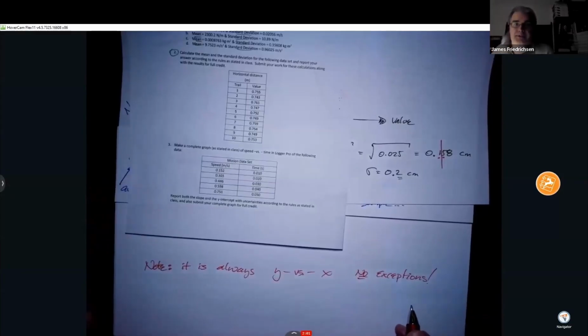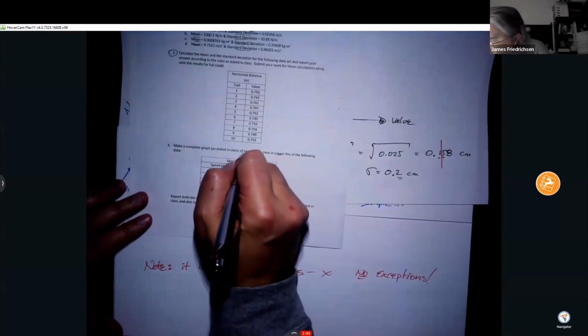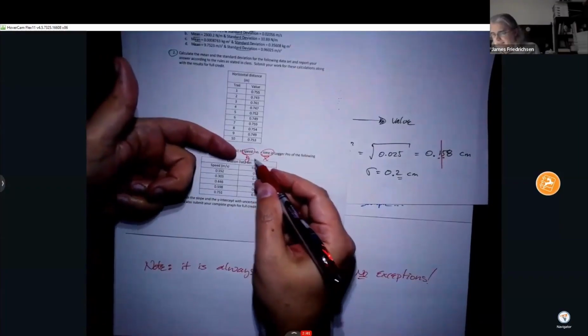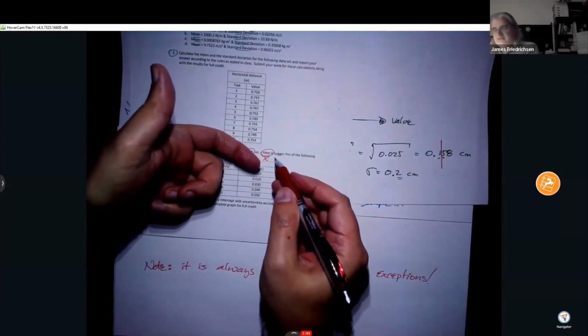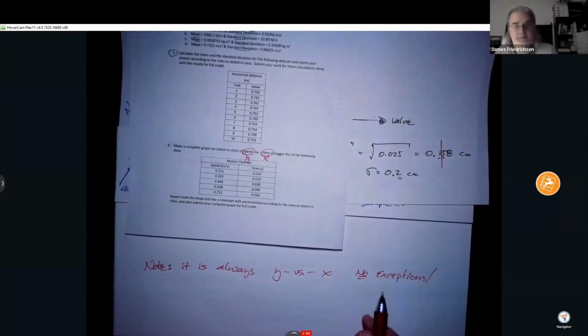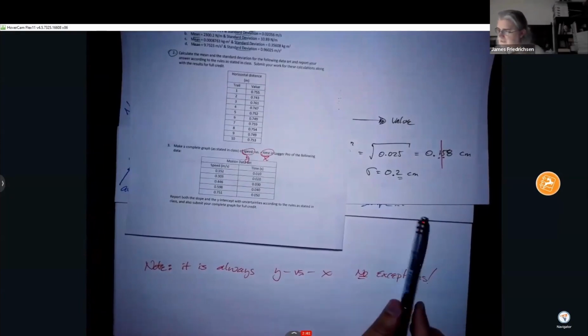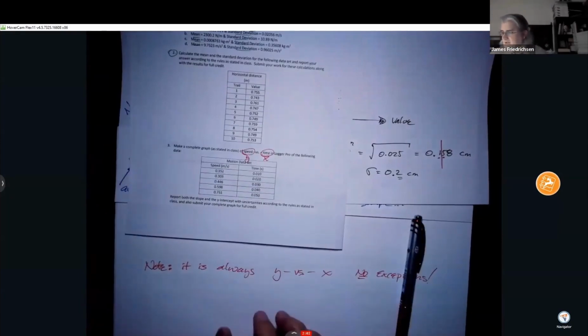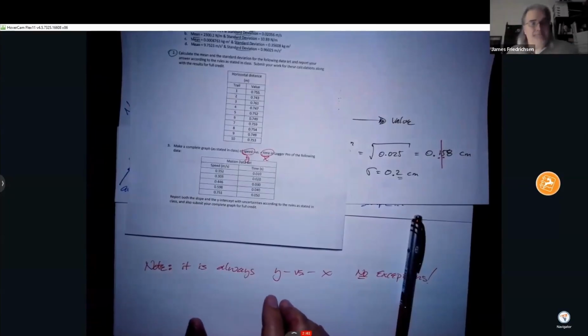There are no exceptions to that. So when they give you this description here, speed versus time, it's y versus x. So speed will be on the y-axis, time will be on the x-axis. That's the graph we're asked to make. And so we'll want to go in and put this into our data.